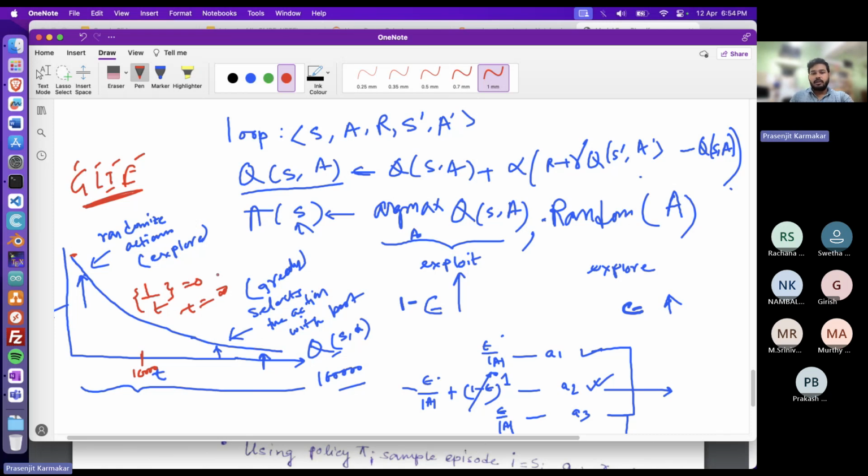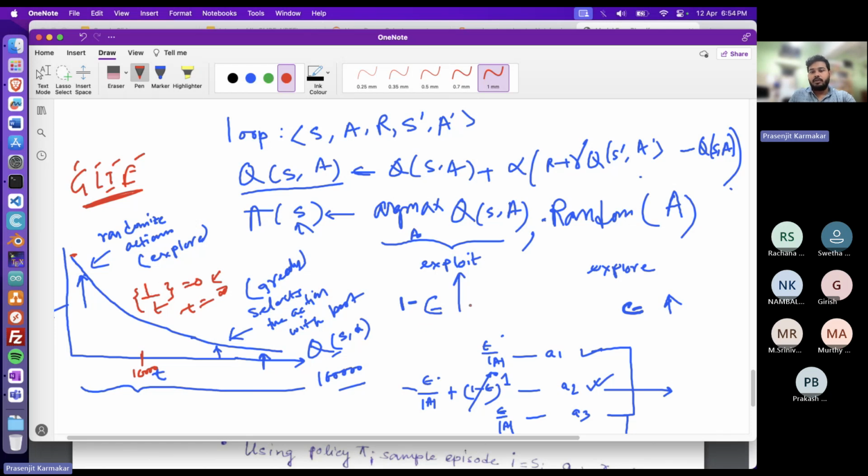Let's just start with this, and later I can show you an optimization that is proposed later on that also satisfies GLIE, but works a bit more efficiently in practice. So let's start with this approach first, 1 over t.